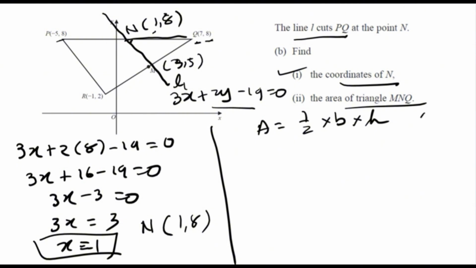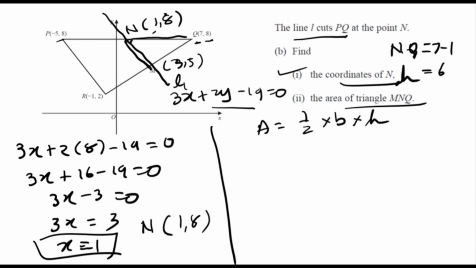So what I can do is 7 minus 1, because the x coordinate we have to do it. So for the NQ, I am writing here NQ is equal to 7 minus 1. So that will give me 6, and this will give me a height. Now to find the base, this is the y coordinate.